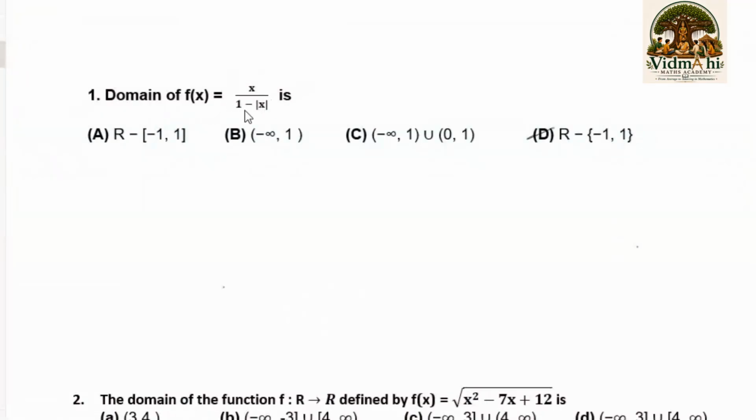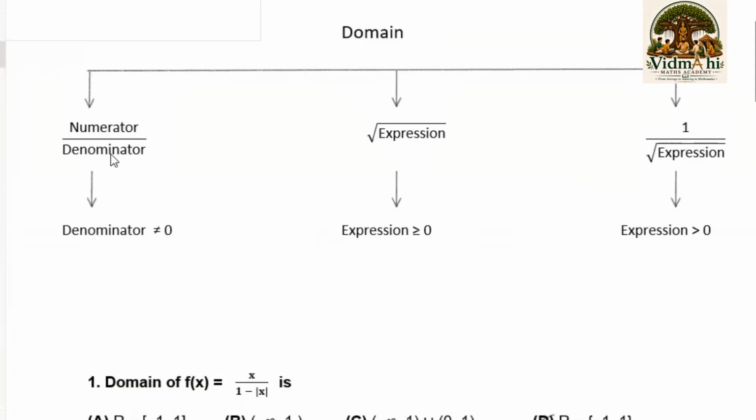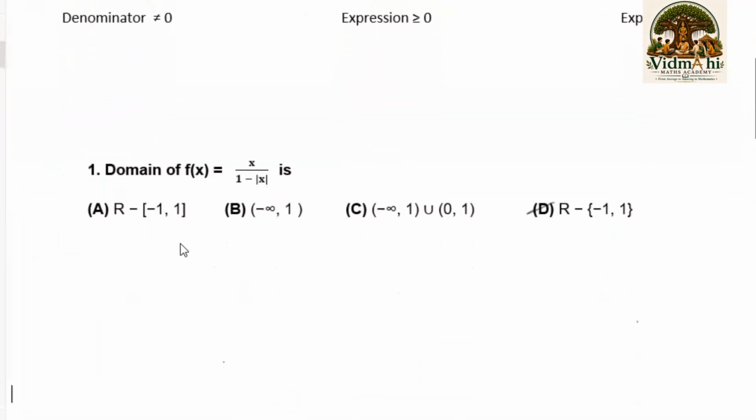So this is based on the first rule of the domain, that is numerator by denominator. If it is of the form numerator by denominator, then the denominator should not equal 0. So according to this rule, here the denominator is 1 minus mod x. So 1 minus mod x should not equal 0.